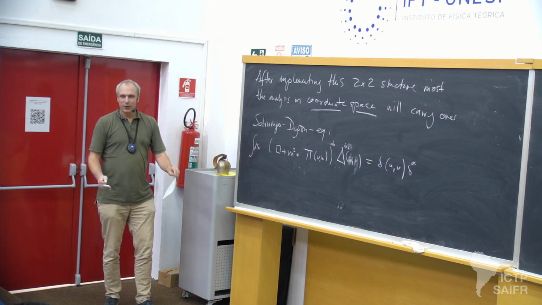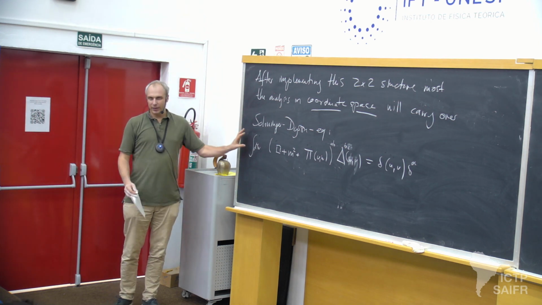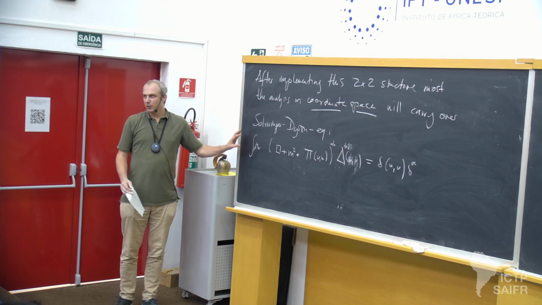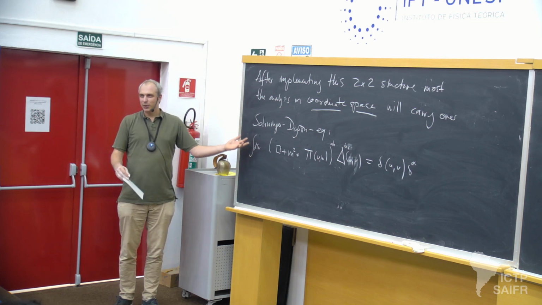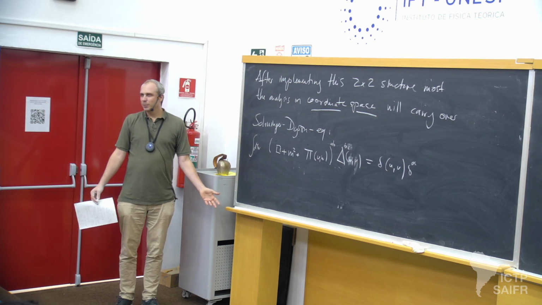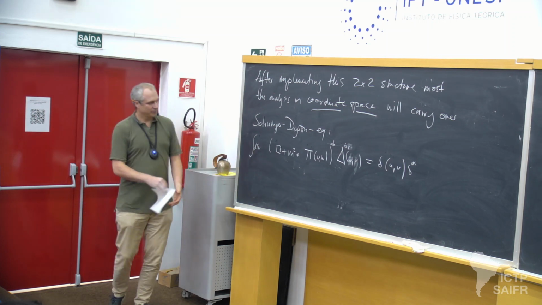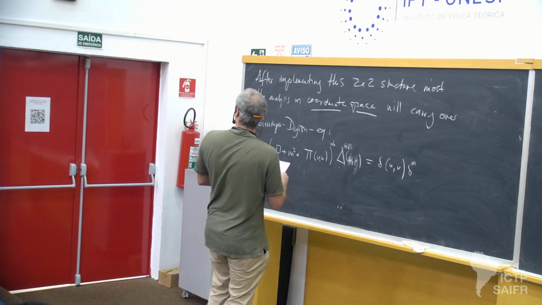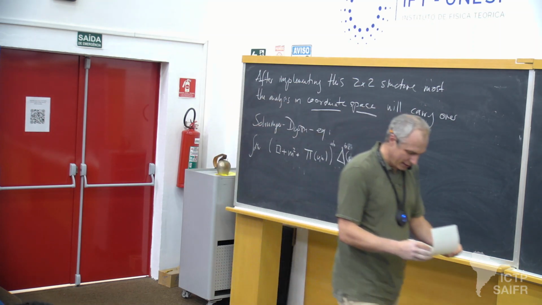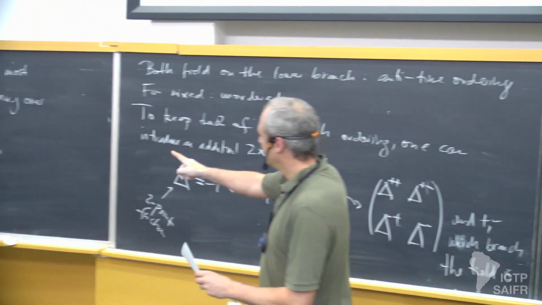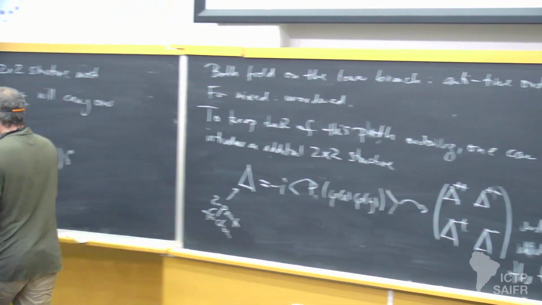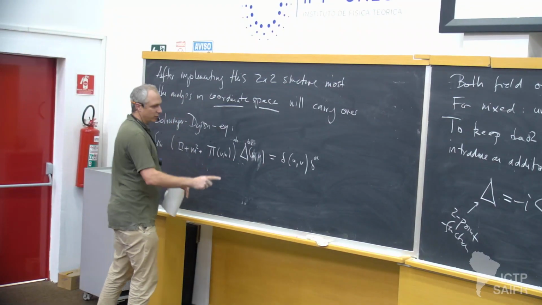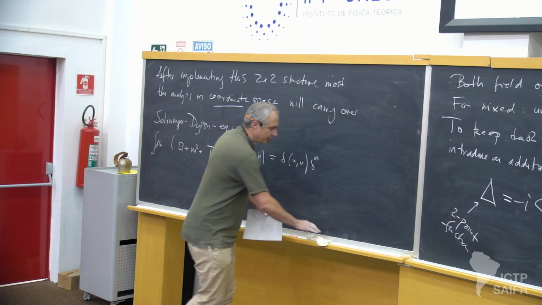But just to take you home again, I will now show you how equilibrium works in this kind of system. Because this is a statistical system, so at some point, this has to spit out the equilibrium as we know and love it. So in the last 20 minutes of the lecture, I will try to tell you a little bit how you get the equilibrium Green's functions out of this construction and also the physical interpretation.